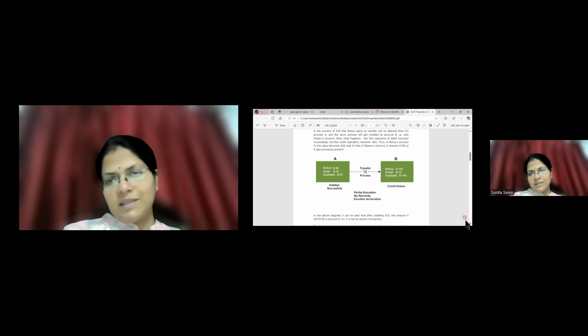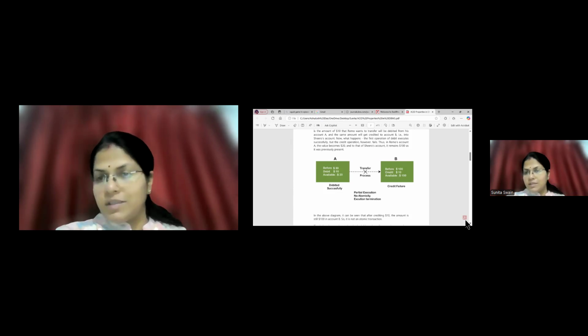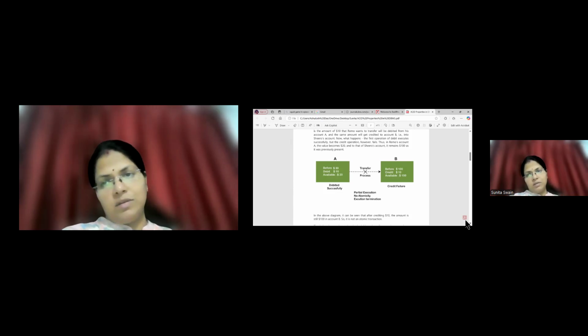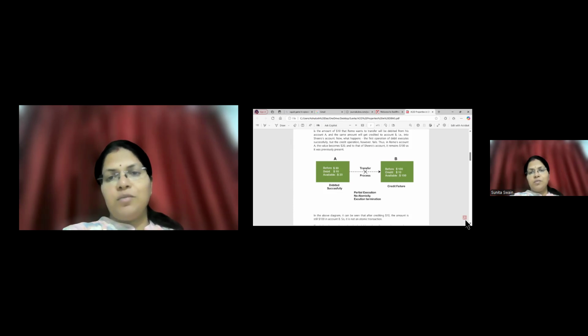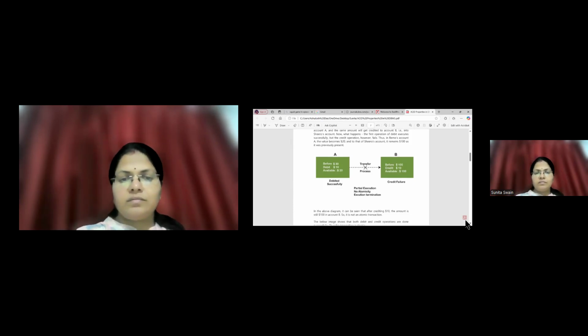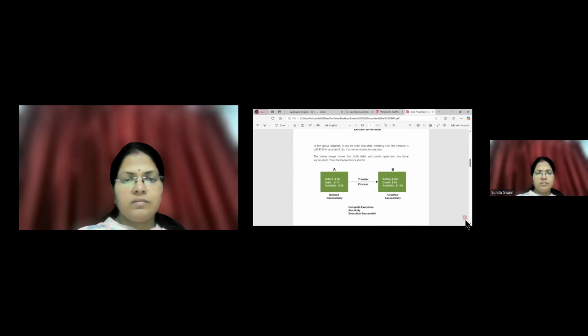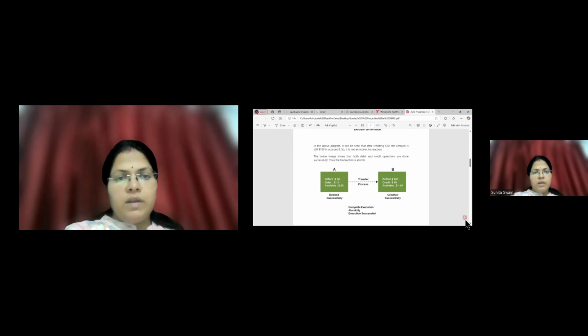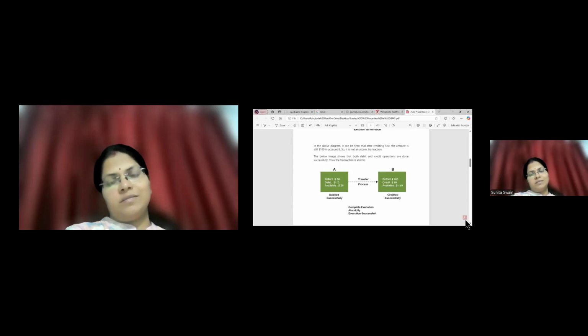This is one best example: when we are doing different types of account transactions and the operation is not successful or only partially successful, it is called a failure in atomic transaction. See another diagram. This image shows that both debit and credit operations are done successfully. Thus, the transaction is atomic in nature.